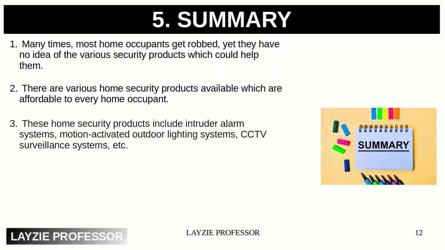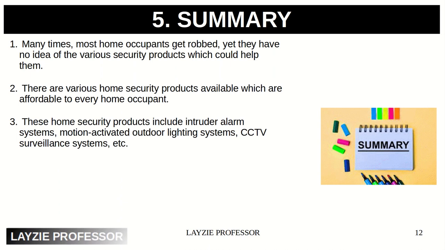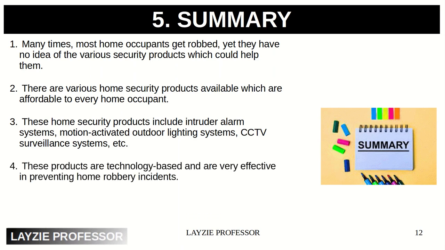These home security products include intruder alarm systems, motion activated outdoor lighting systems, CCTV surveillance systems, and there are many others also available. These come in many different varieties, and these products are technology based and very effective in preventing home robbery incidents.